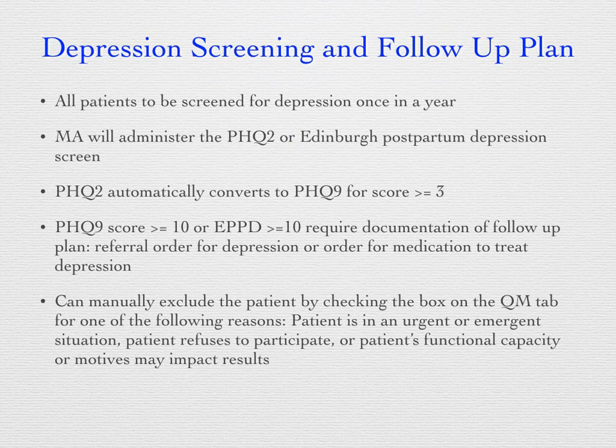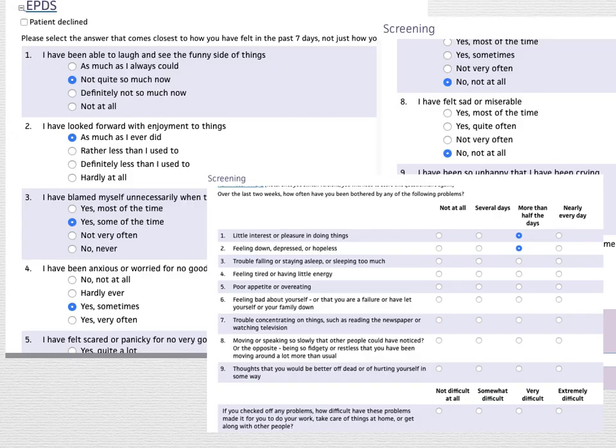These scores do require documentation of a follow-up plan, which can either be a referral to behavioral health or an order for medication to treat depression. The patient can also be manually excluded by checking the box in the QM tab for the reasons listed below. Here is a quick screenshot of the depression screening tools we are all familiar with.